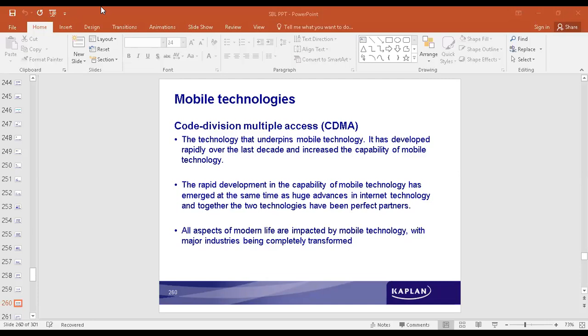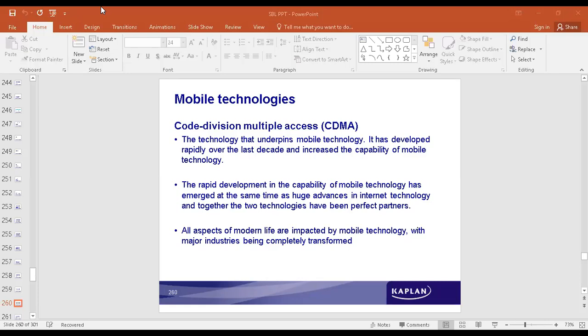A diary is there, a calculator is there. You can make notes, and you can have a recording. The camera is now available in the phone. Connectivity is there, and you can be connected with anyone anywhere across the world. Anything can be shared through mobile. Any kind of task can be done.